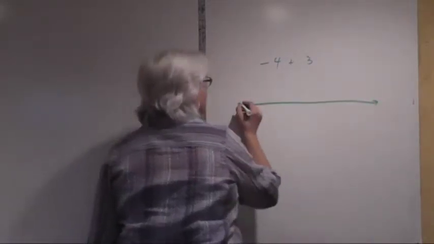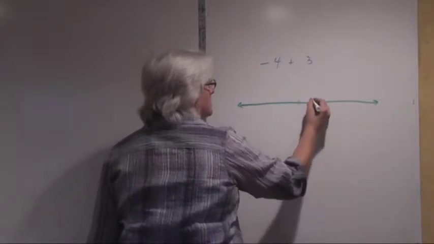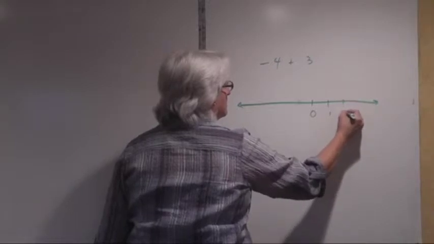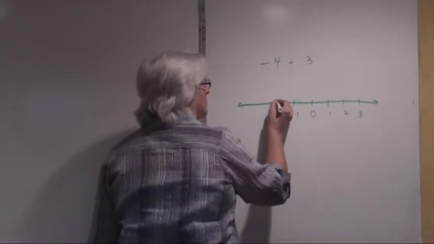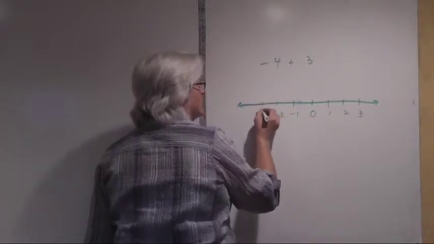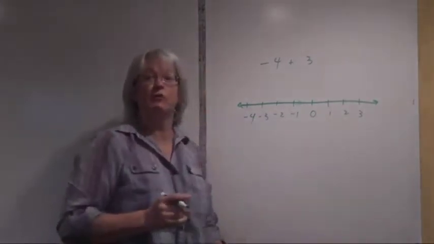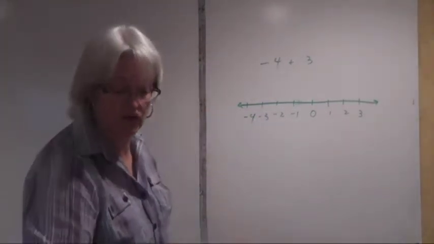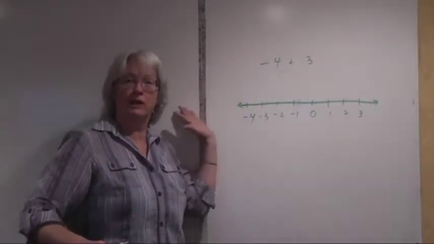Let's go ahead and look at our number line. I have 0, 1, 2, 3, negative 1, negative 2, negative 3, and negative 4. Remember, when we're adding integers on the number line, when we add a negative, we move to the left.